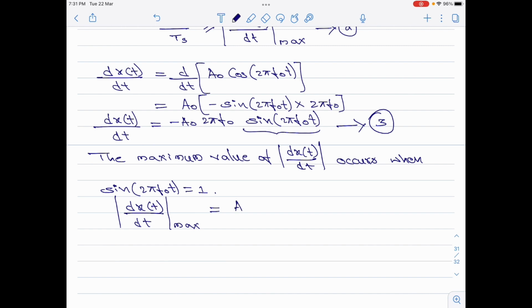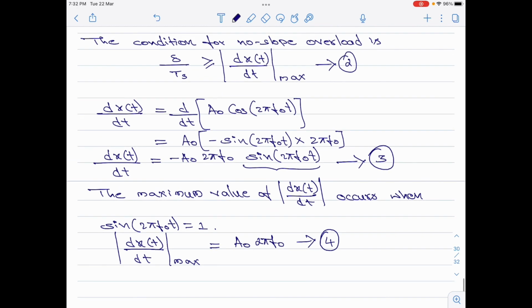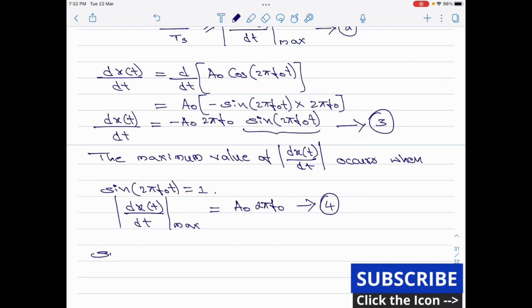So, it will be equal to A naught into 2 pi f naught, and sine 2 pi f naught t is equal to 1 as per our assumption here. So, the maximum value of the magnitude of dx of t by dt is equal to A naught into 2 pi f naught, which I will call equation 4. I will now substitute equation 4 back into equation 2, which is the condition for no slope overload.